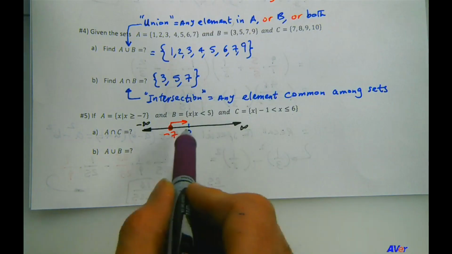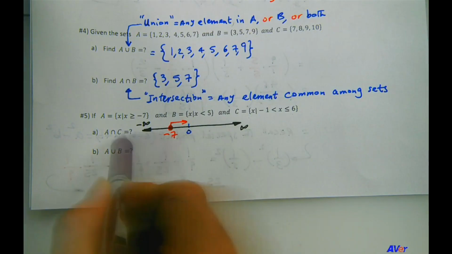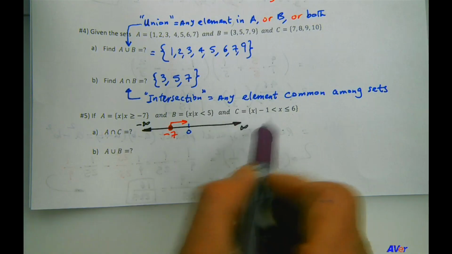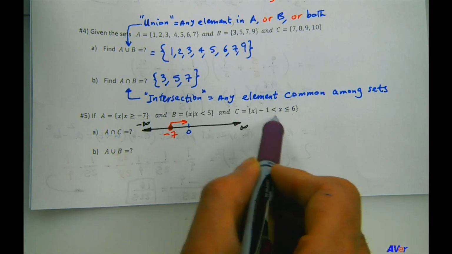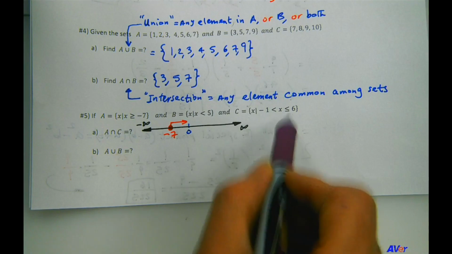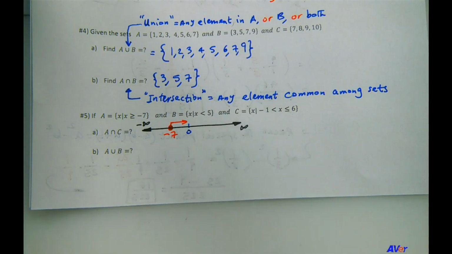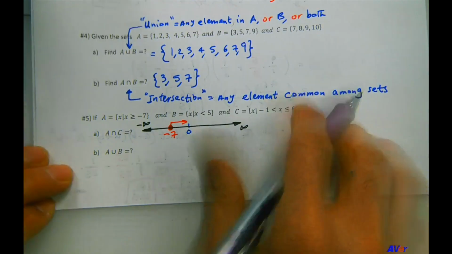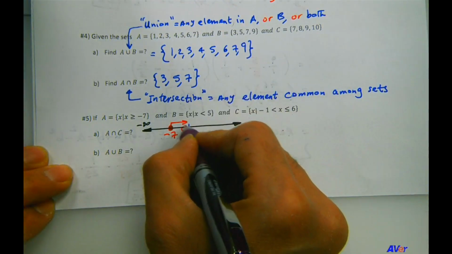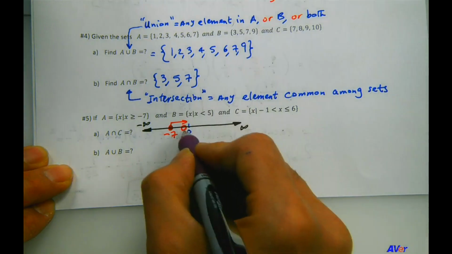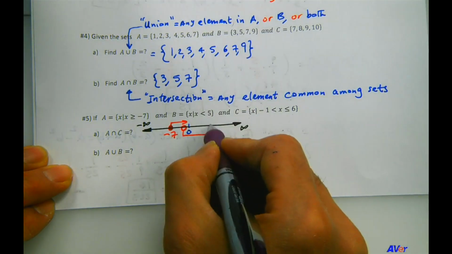Now for C, it is any number between -1 and 6, including 6, but excluding -1. So -1 would be somewhere here. Let me put a hollow circle. And 6, let's say here.